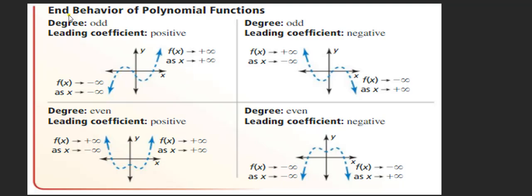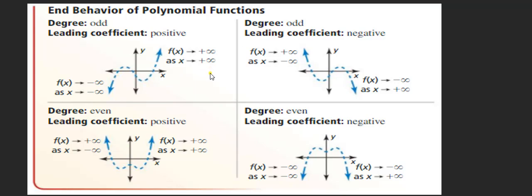Now let's talk about end behavior of polynomial functions. By knowing the degree and the leading coefficient, we could see the behavior of the polynomial, and this is what I mean. If the degree is odd and the leading coefficient is positive, that means as x goes to positive infinity, what do you mean by positive infinity?